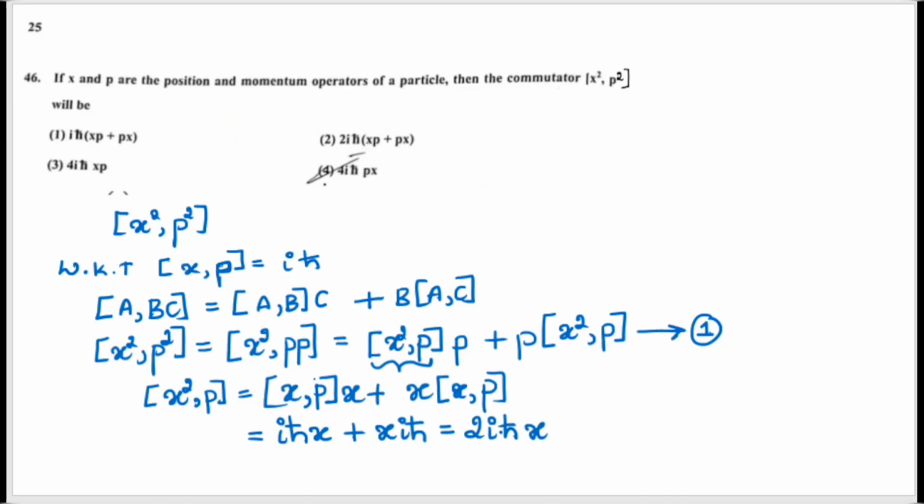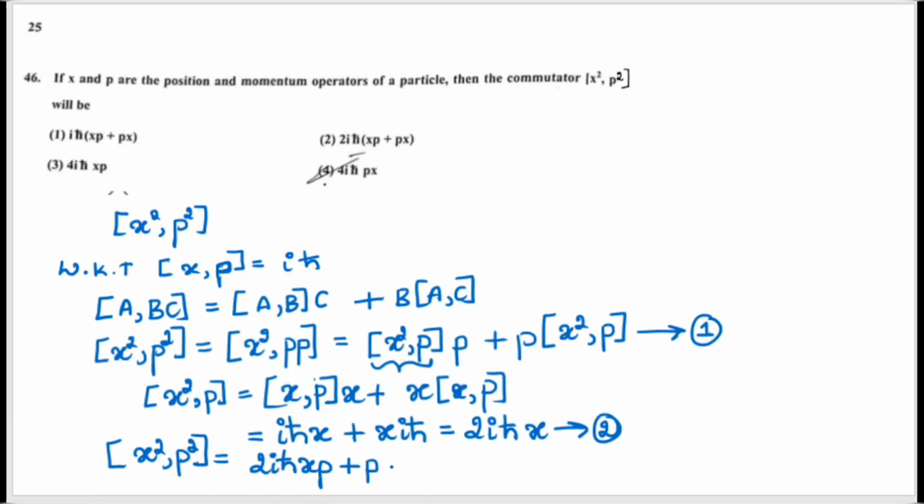We got this. So apply this 2 in 1. If I substitute 2 in 1, what do I get? The commutation of x square and p square is nothing but, instead of x square comma p, I can write 2 times i into h cut into x into p plus, first we have p into the commutation of x square and p.